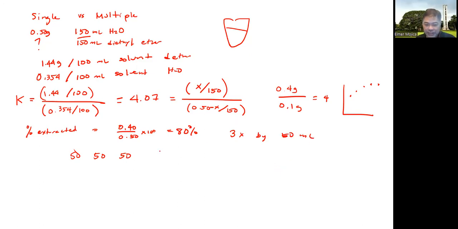So how do we do this? 4.07 equals x over 50, 0.50 minus x over 150. What do you get?